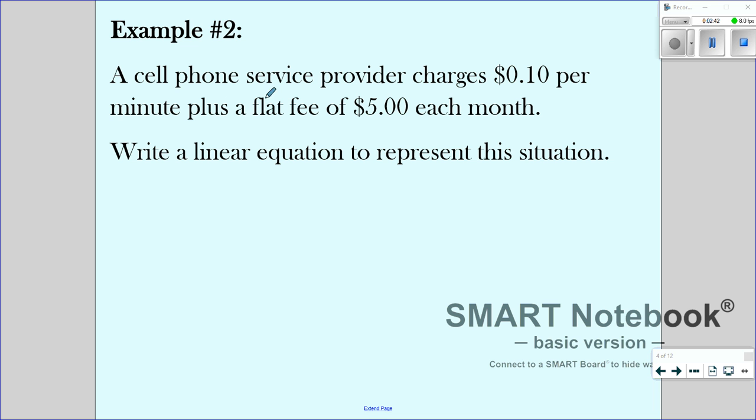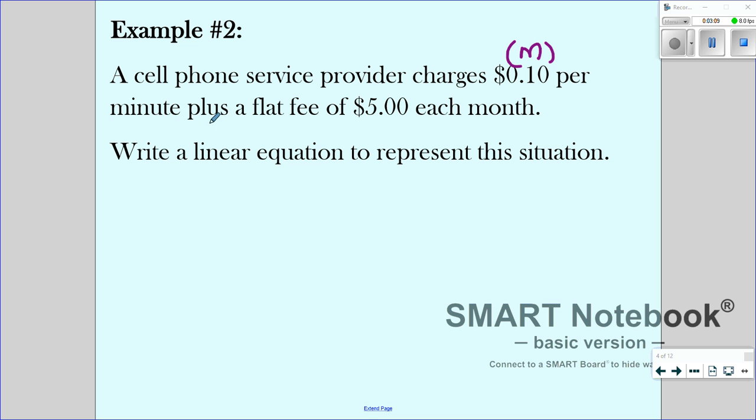The first thing is, 10 cents per minute, so that means that we have 10 cents for each minute. So this is going to be our m right here, 10 cents.